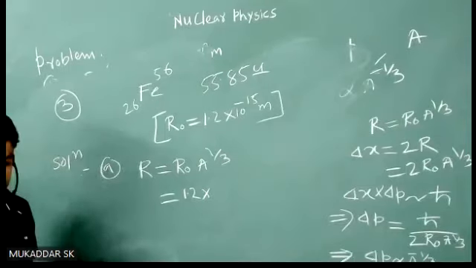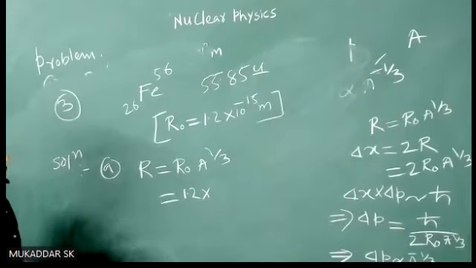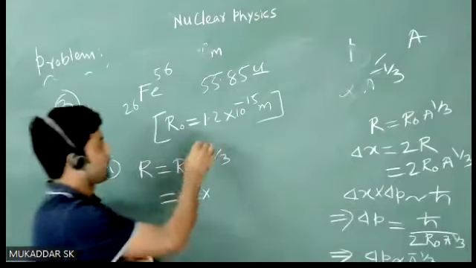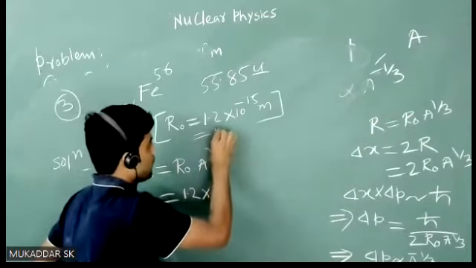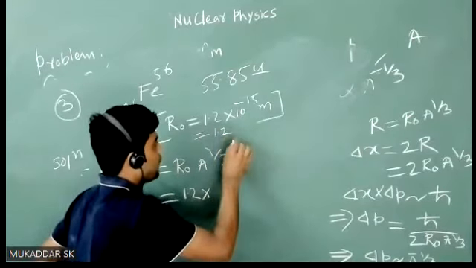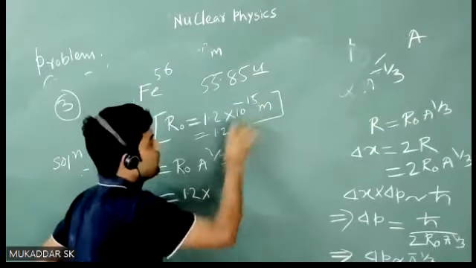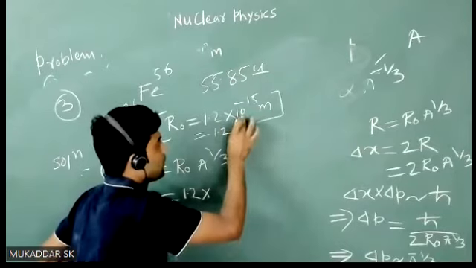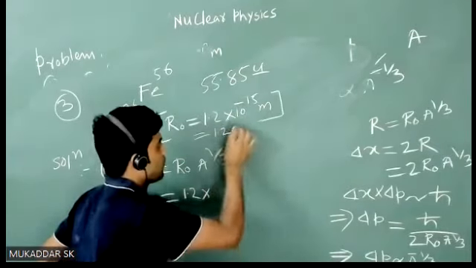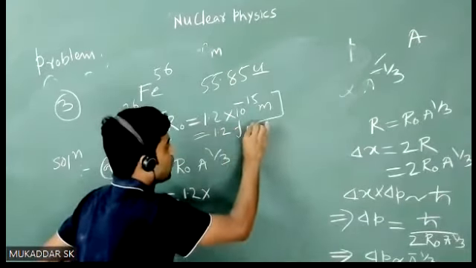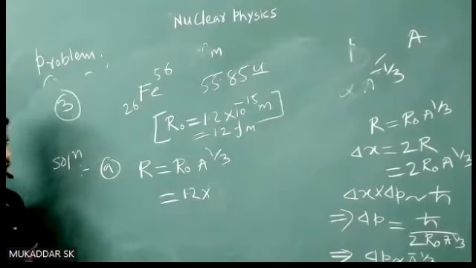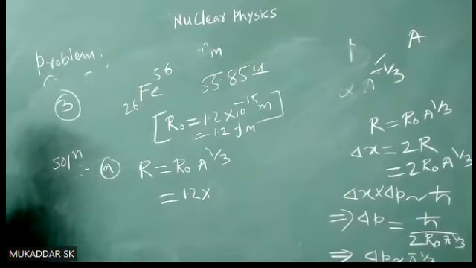Sorry, R naught is given in meter. Since 10 to the power minus 15 meter means 1 femtometer, from here you can clearly write it will be 1.2 femtometer. You can write in meter also, that's not a problem.